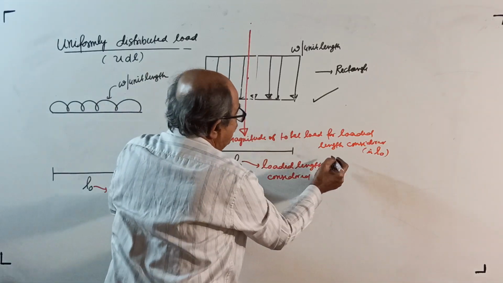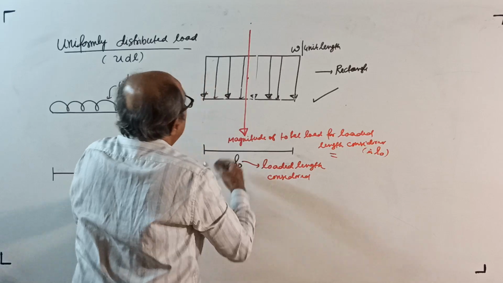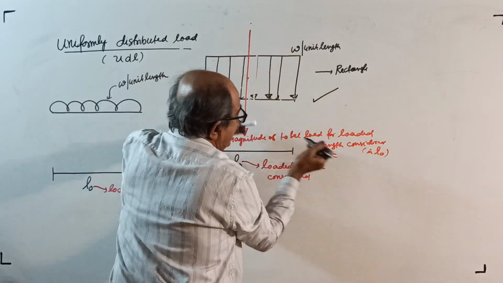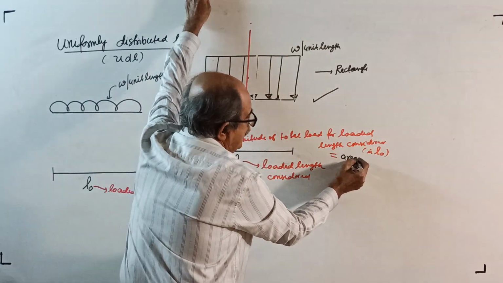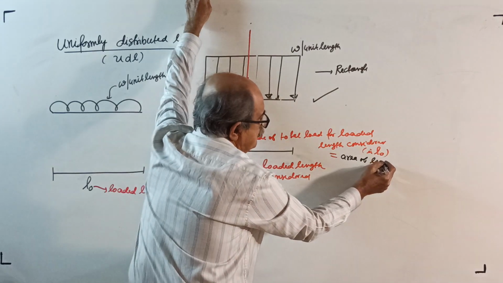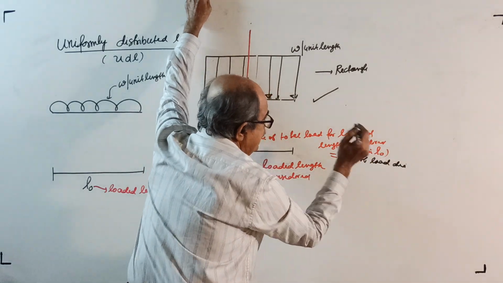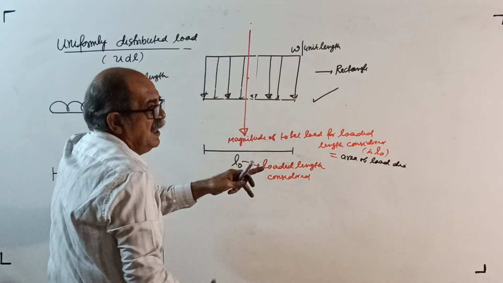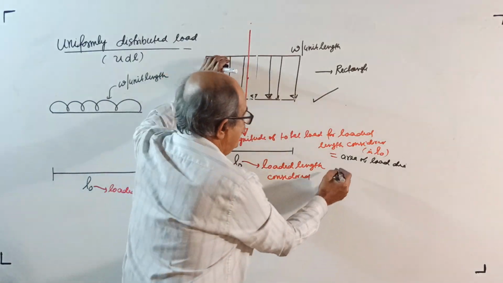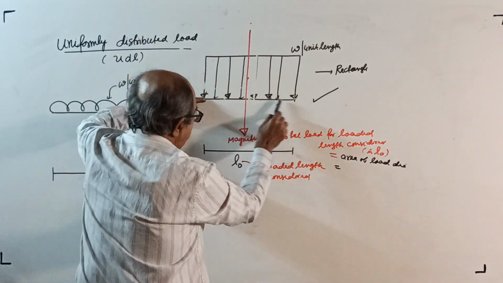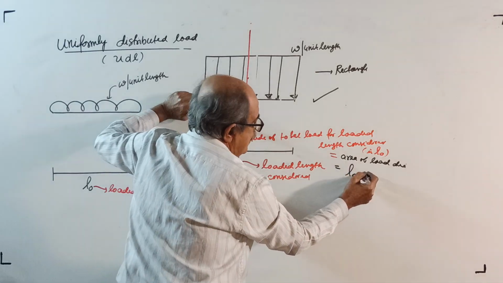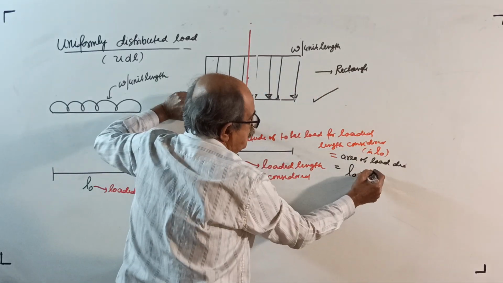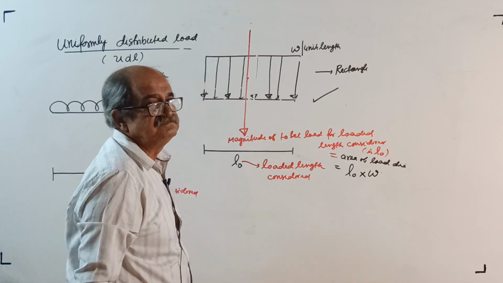I told you 1000 times, equal to area of load diagram. Area of load diagram, once again, for loaded length considered, you should write equal to base is L0 and height is W. Is the answer.